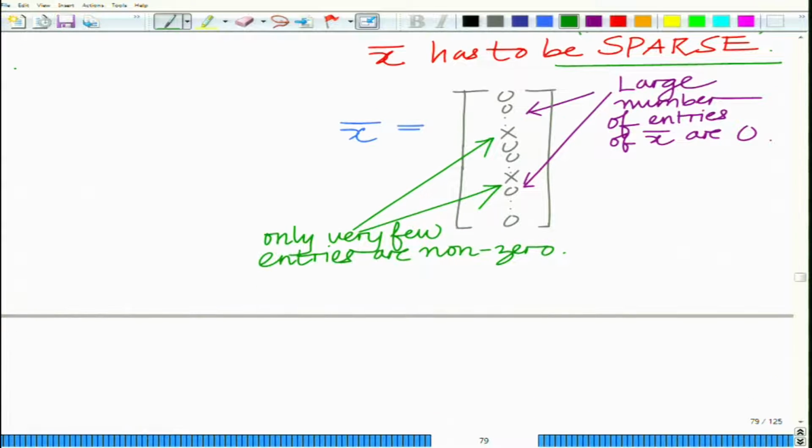So, a large number of entries of x bar are 0, very few entries are non-zero. So, x bar is a sparse vector.